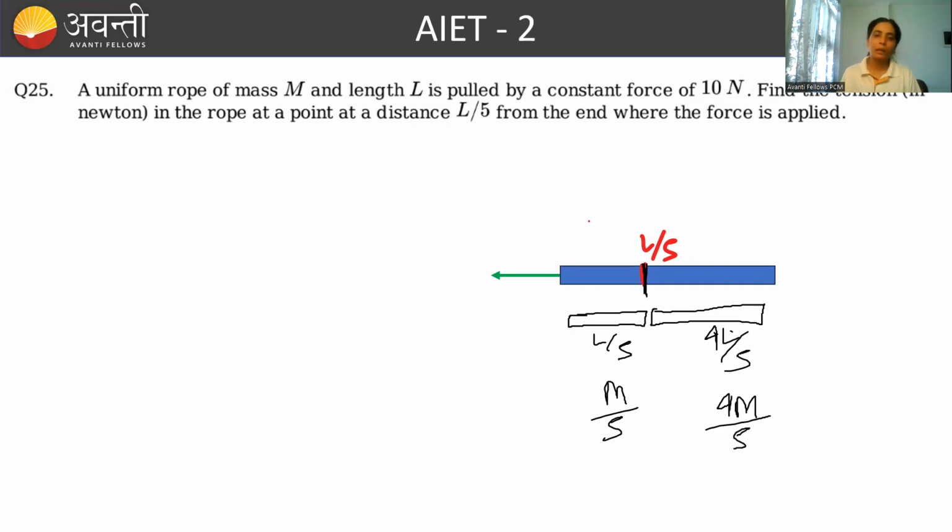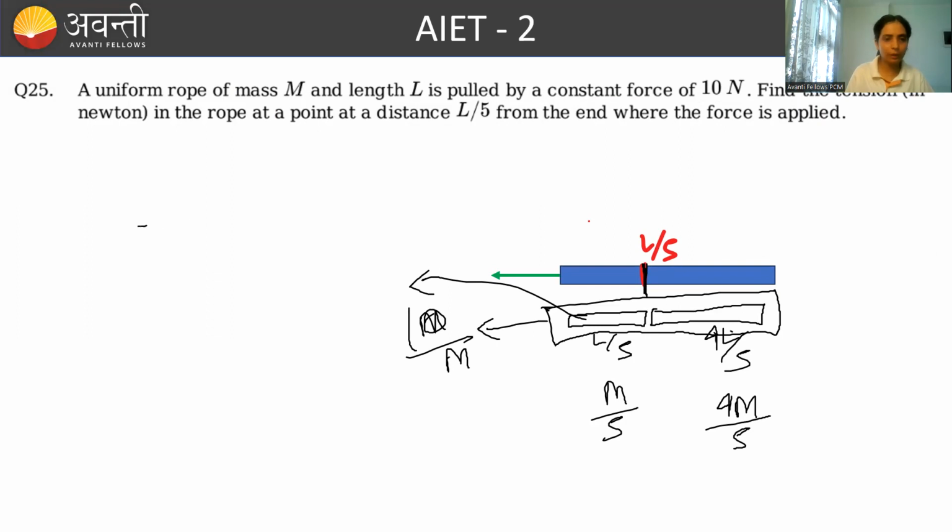है ना? Now this whole is accelerating in the forward direction with how much acceleration? Just now we have seen 10/m. Now pick any one body. तो एक बॉडी को मैंने लिया. अभी देखो ये बॉडी इस पे कैसे कैसे फोर्स लगा रही हूँ कि just try to see that. So this body will apply a force on it and this body will apply a force on it like that.